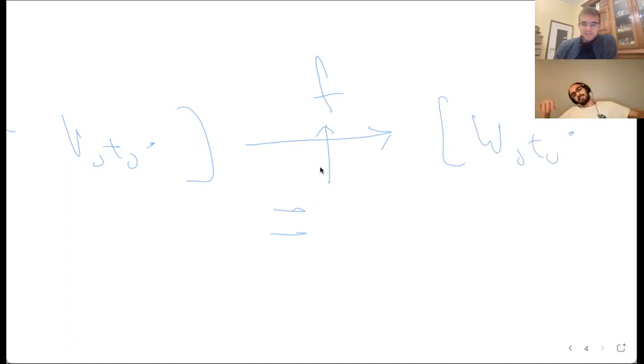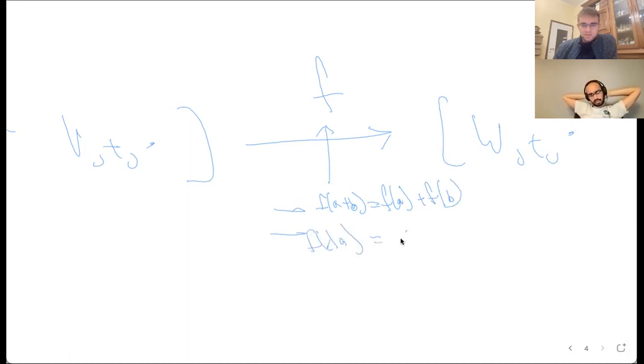And I believe those conditions to be the linearity conditions, which is that F of A plus B is equal to F of A plus F of B, and F of lambda A is equal to lambda F of A. I believe that if your map is able to satisfy these two conditions, it's guaranteed to output a vector space. And if it fails, it's going to output garbage.